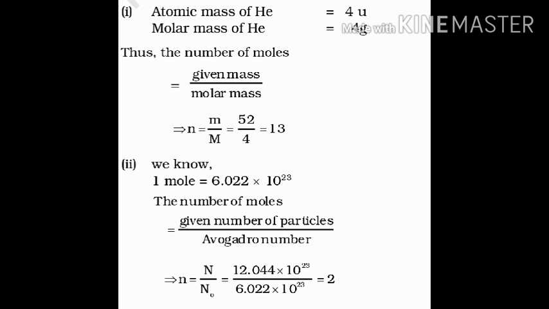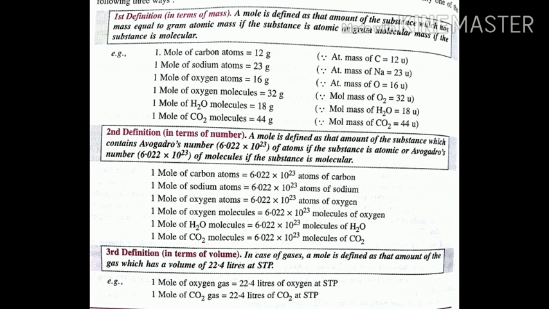As we have seen, 40 gram of sodium hydroxide is equal to 1 mole. It means if a substance is weighing equal to its atomic mass or molecular mass, it will be termed as 1 mole. For example, carbon has atomic mass 12, so 12 gram of carbon will be equal to 1 mole.